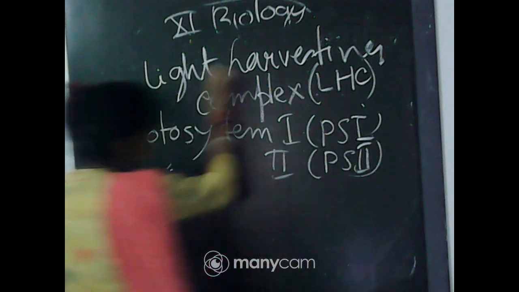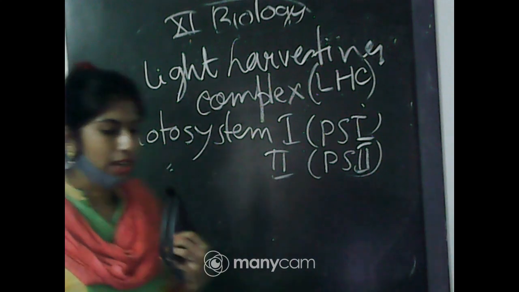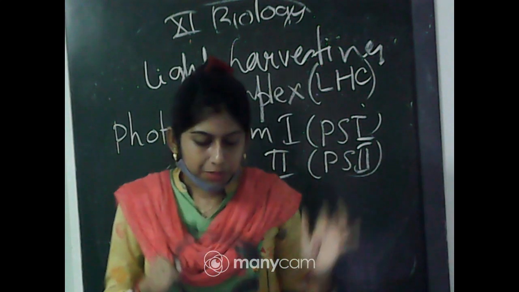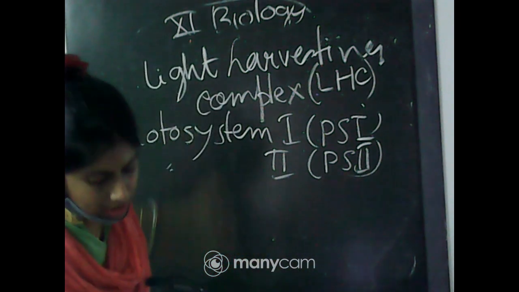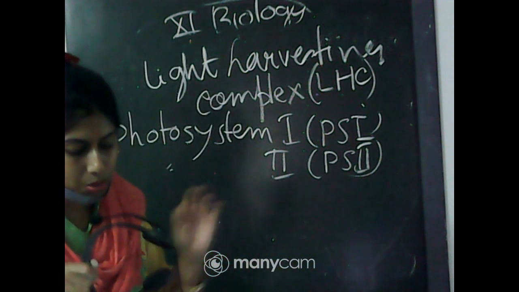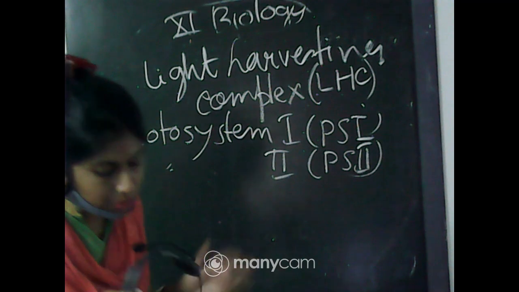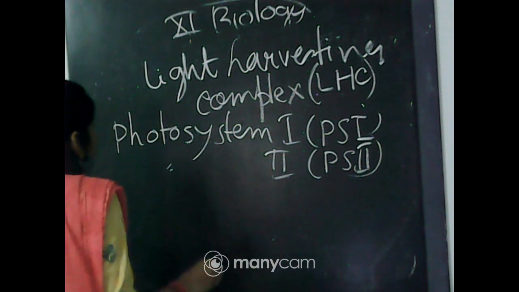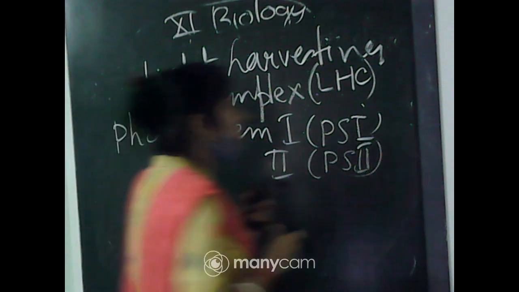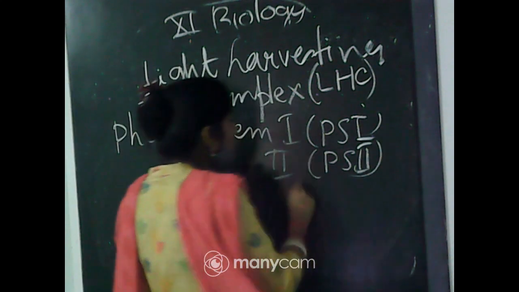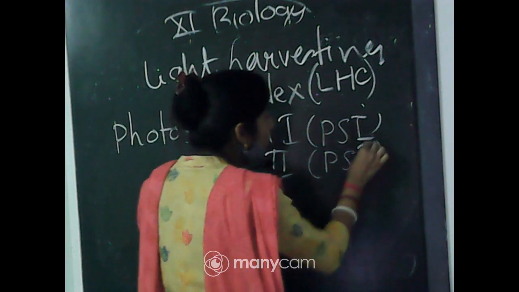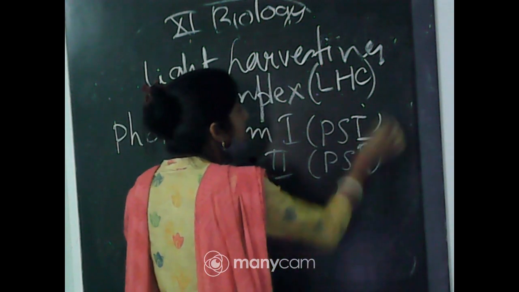These light harvesting complexes can be found under these two photosystems, and they are named in the sequence of their discovery, not in the sequence in which they function during the light reaction. You will find that in non-cyclic photophosphorylation both photosystems occur, but first PS2 will act, and after that PS1.